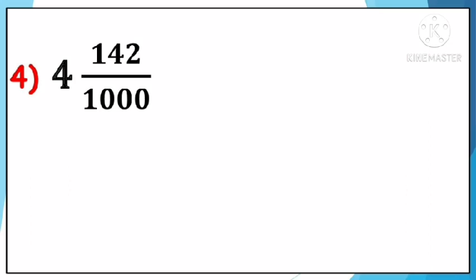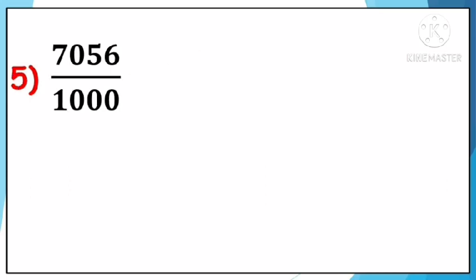Then give a point after 4. Now convert the fraction into decimal. 142 upon 1000 can be written as 0.142. So your whole decimal number becomes 4.142. Great. Now the fifth one.